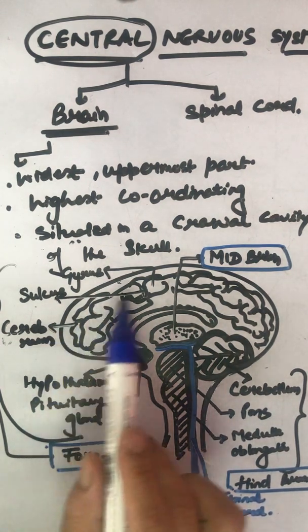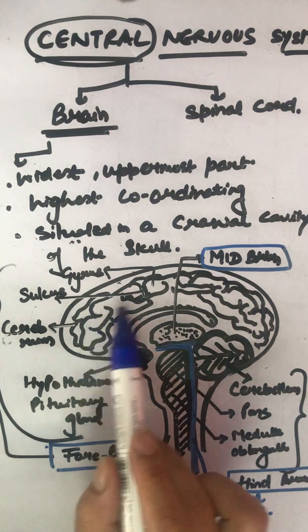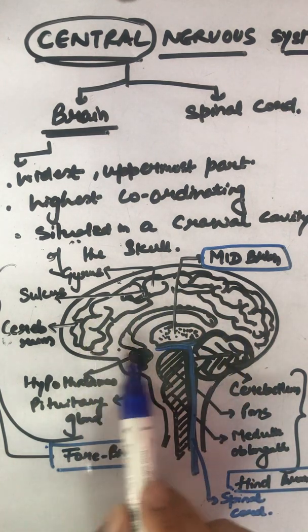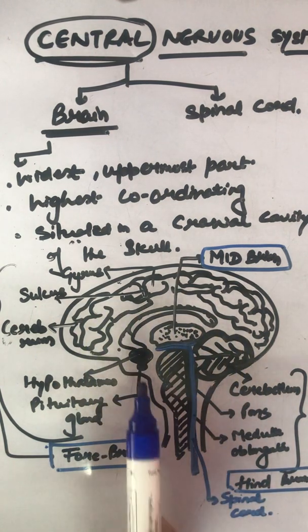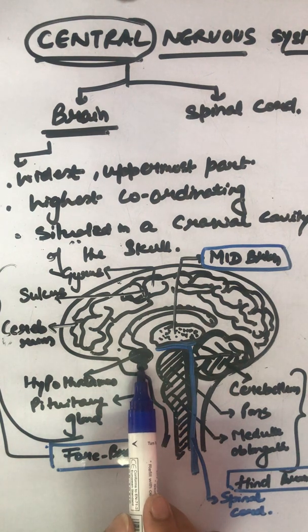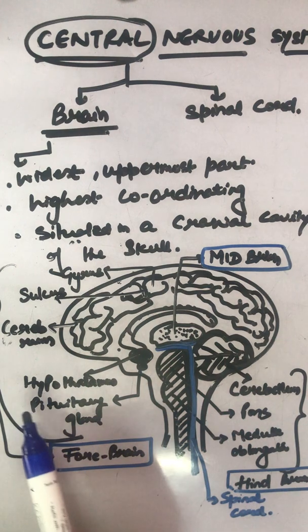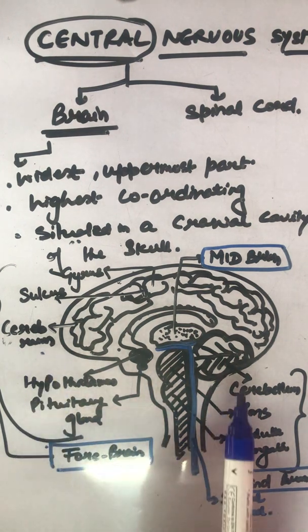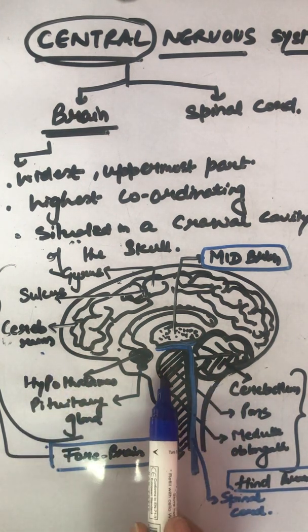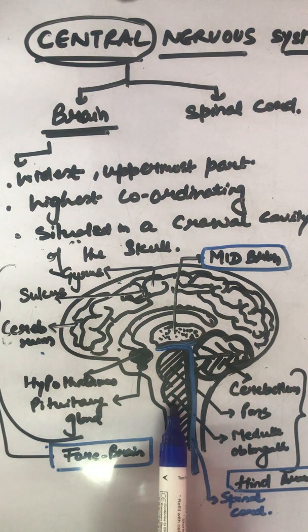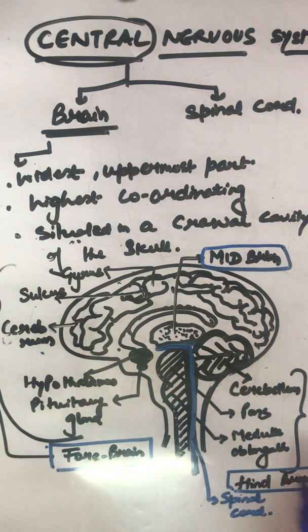Then it has the cerebrum, almost around 70% of the area is cerebrum. Then there is the midbrain. Then it has hypothalamus and pituitary. Then it has the cerebellum, not cerebrum, that we have written here. This is cerebellum, pons varolii, medulla oblongata. These are the parts of the hindbrain. And from here, it's the spinal cord.